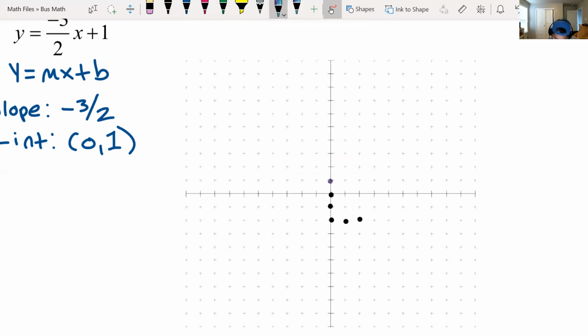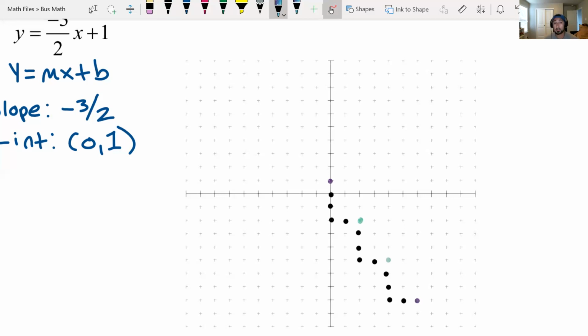Here is my new point. And now let's do it again: down 3, over 2. And why not repeat one more time? Down 3, over 2. All right, that's enough going that way.